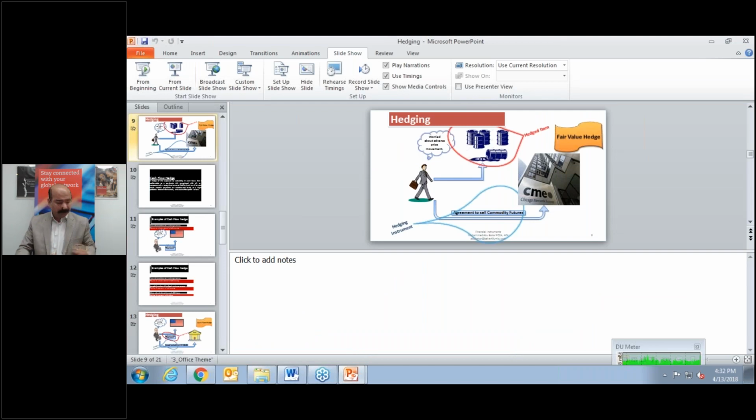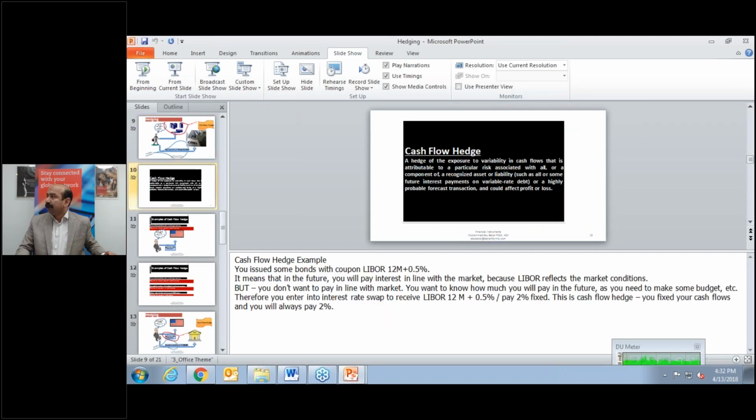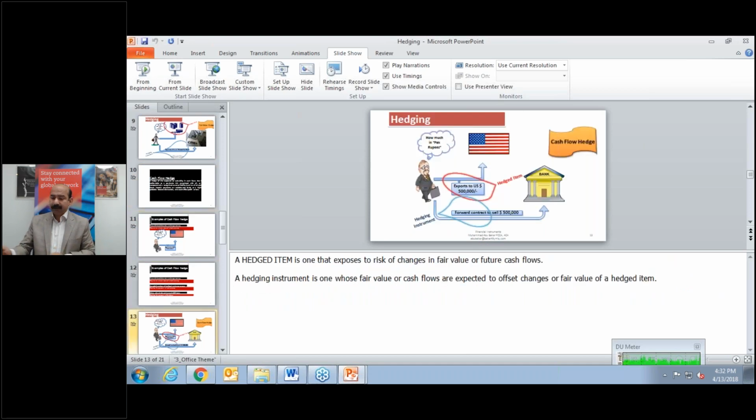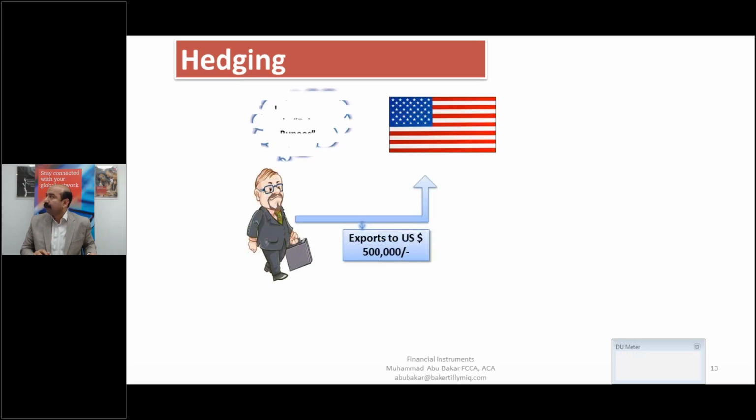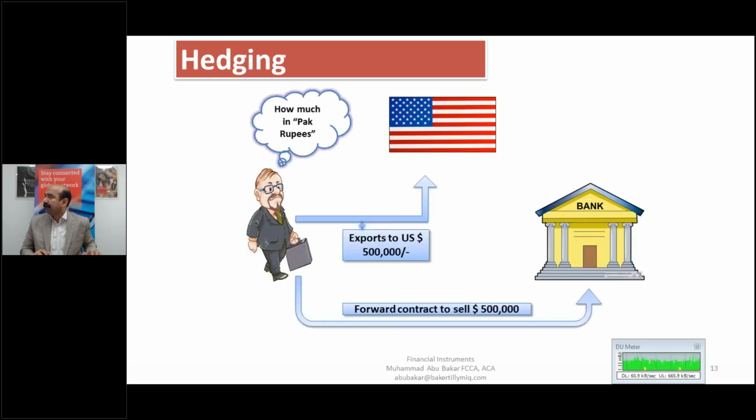Similarly, in this case, this gentleman will go to a bank and enter into a forward contract with the bank for selling $500 at a fixed price. Now this gentleman is sure.